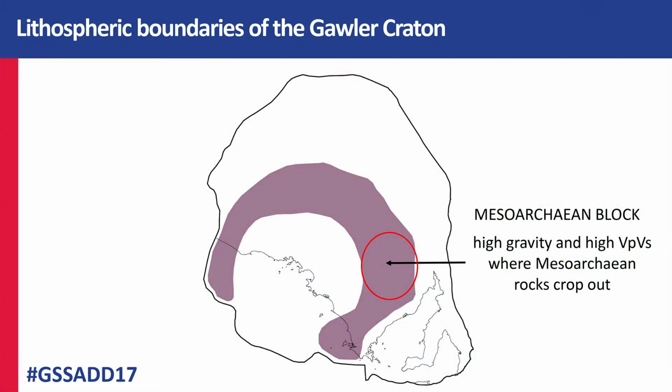And so I've divided the Gawler Craton into 5 different elements. The first is where we have Mesoarchean basement, largely drawn from the isotopic data. And the high gravity and high Vp/Vs ratio coincides with where we know that these Mesoarchean rocks crop out.